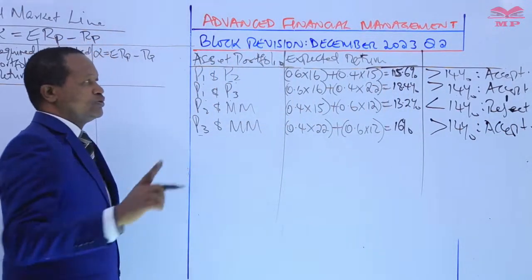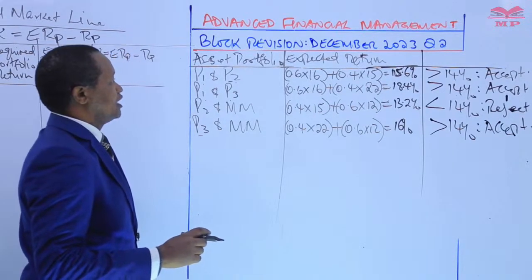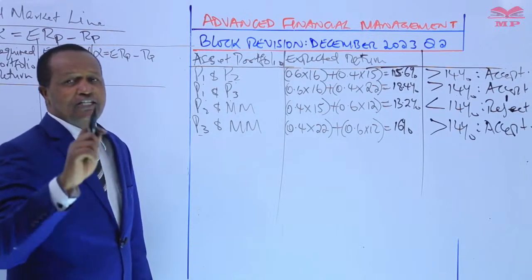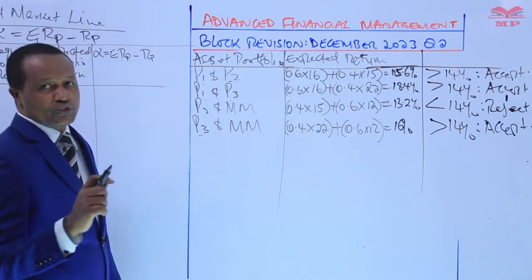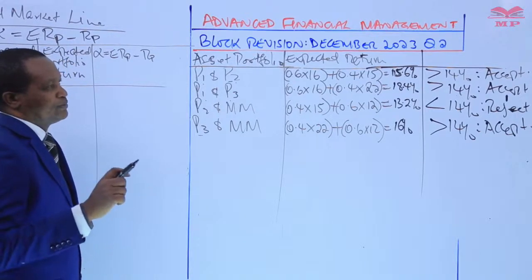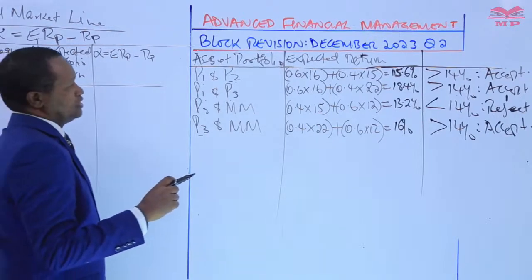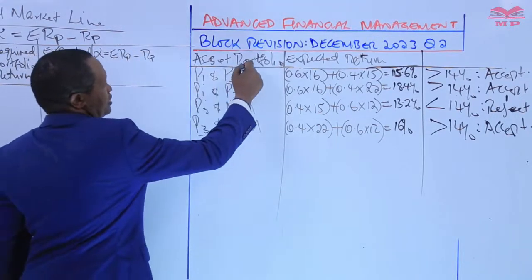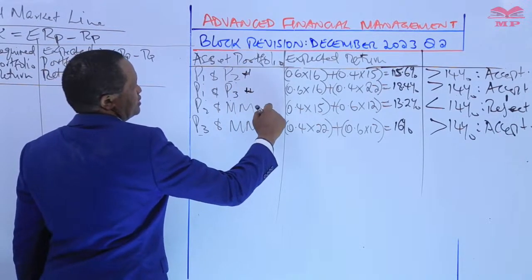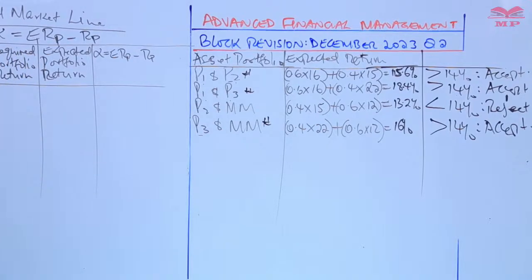So that's the first thing to do, candidates, when making capital market line analysis: first of all, identify the efficient portfolios. So that's step number one. Then you can see, candidates, we will choose that, and that. We have three acceptable portfolios.